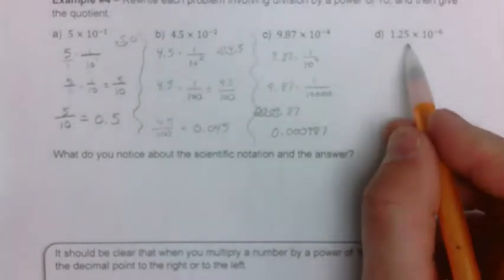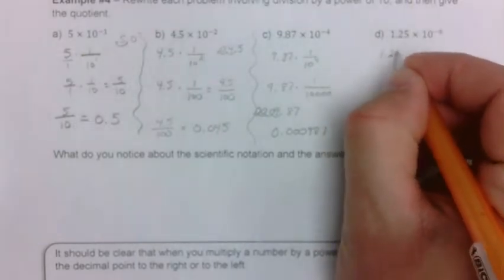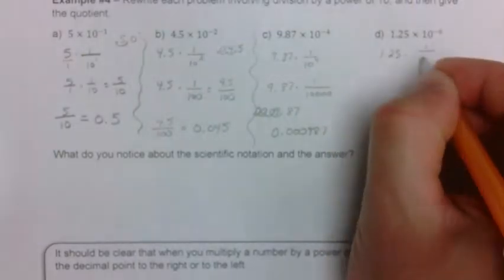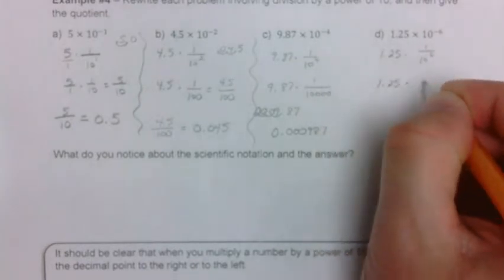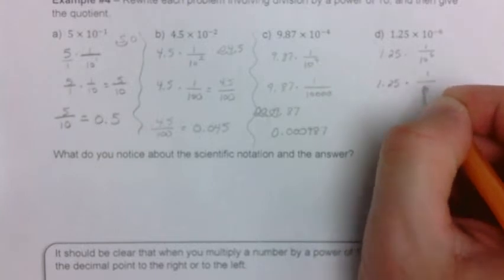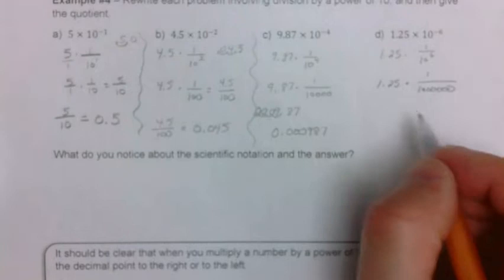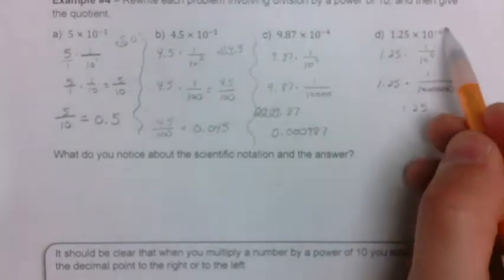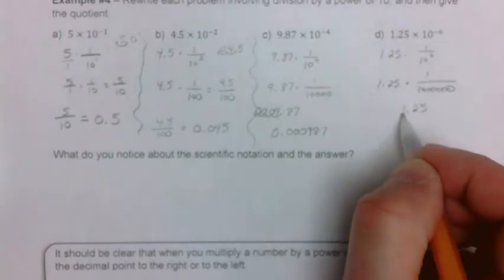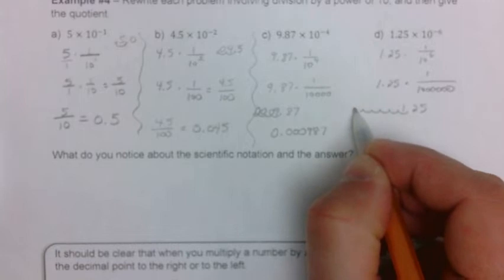Finally, we have 1 and 25 hundredths times 10 to the negative sixth power. That's 1 and 25 hundredths times 1 over 10 to the sixth. And 10 to the sixth is a million. So this is 1 and 25 hundredths times 1 millionth. So again, I'm going to take that decimal point on 1 and 25 hundredths, and this time I'm going to move it left 6 times. 1, 2, 3, 4, 5, 6.